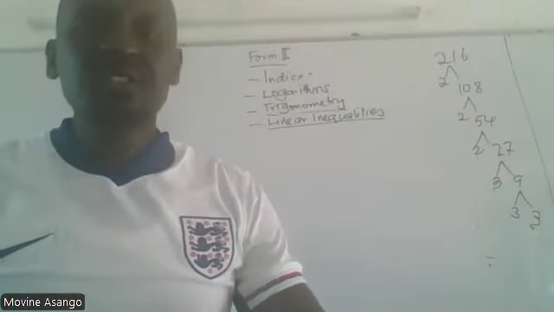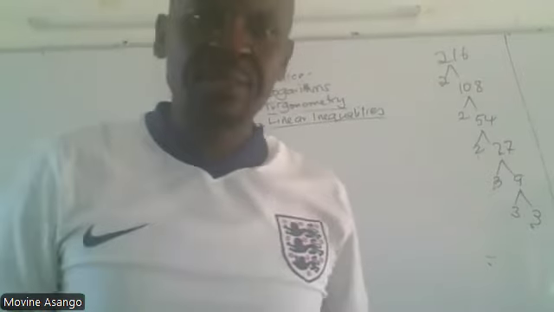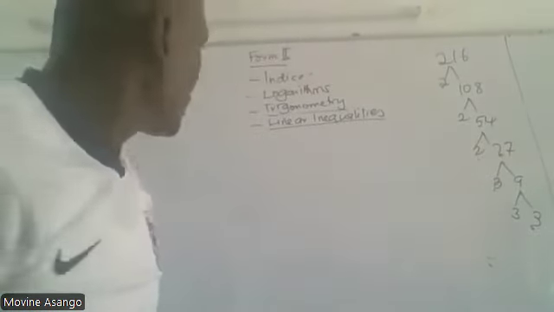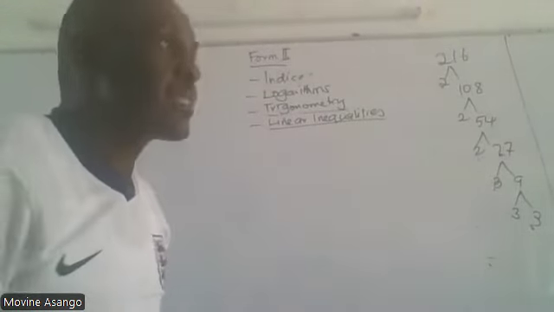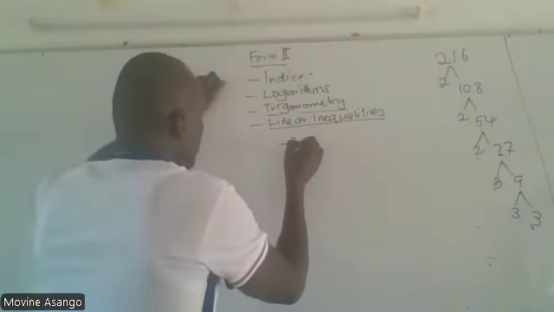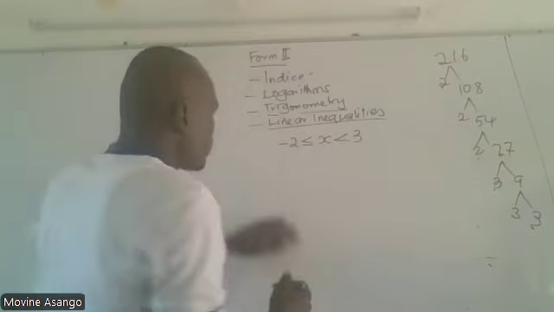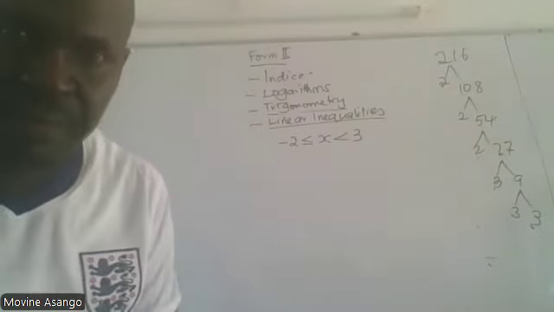I want to just talk about a scale, the scale for drawing a number line. You have solved the inequality and found your final answer is -2 less than or equal to x less than 3.